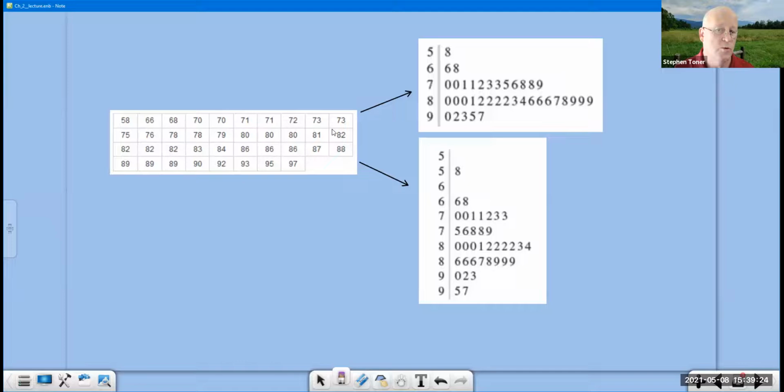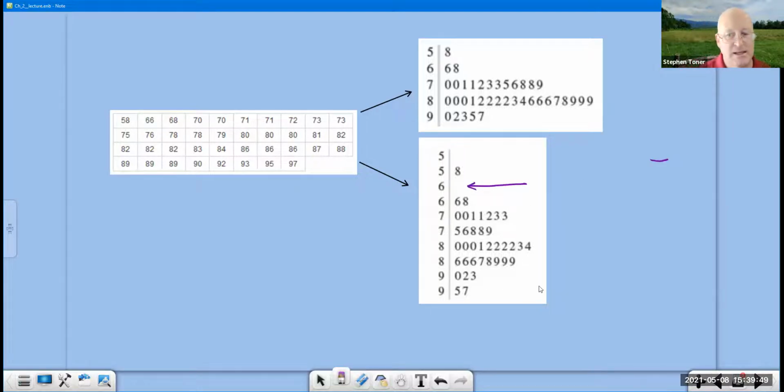Here's another one where I took this data set and I've got a single digit stem of 50s, 60s, 70s, 80s, and 90s, and then I split it into dual stems. Now notice something interesting appears in the bottom graph. Notice how in the lower 60s, I have a blank there.